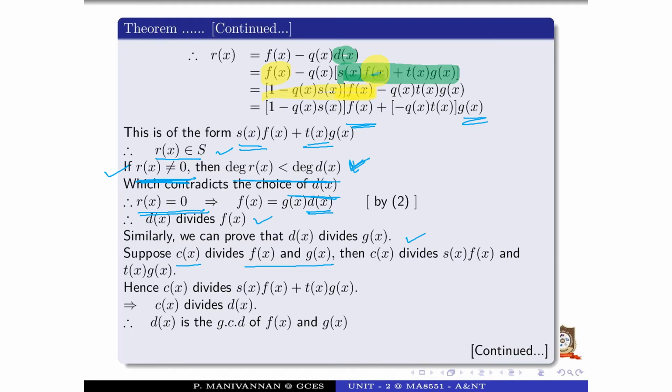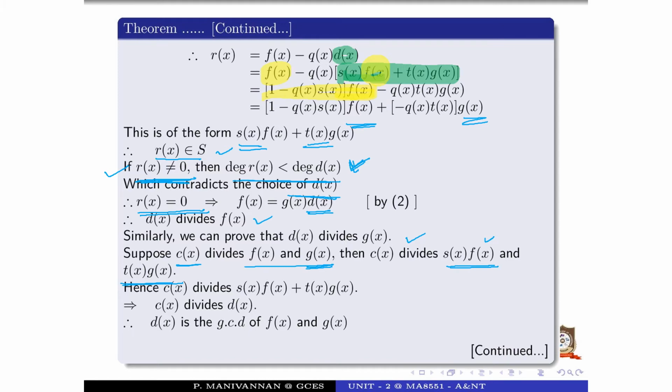Now c of x divides f of x, which implies f of x into some polynomial multiplication also divides, and g of x is divided by c of x. So we multiply some functions with s of x, which also divides c of x.